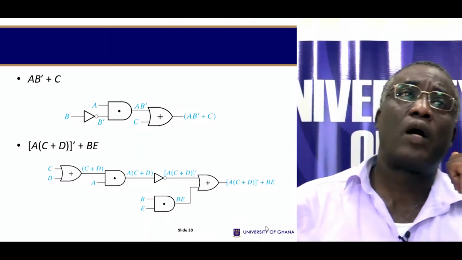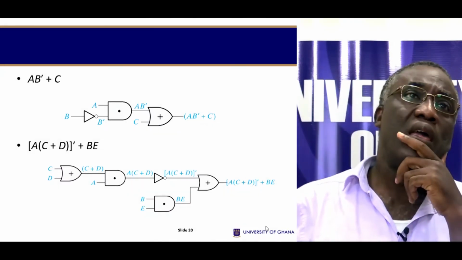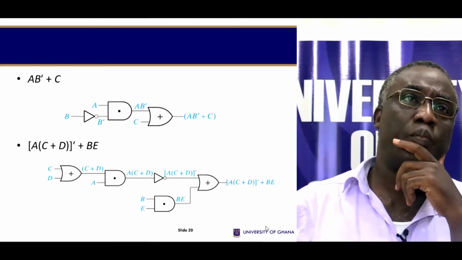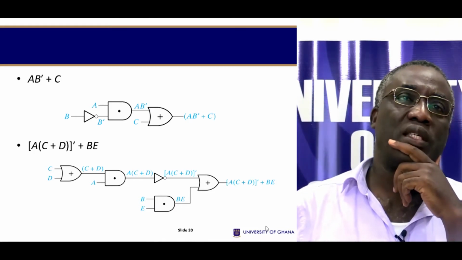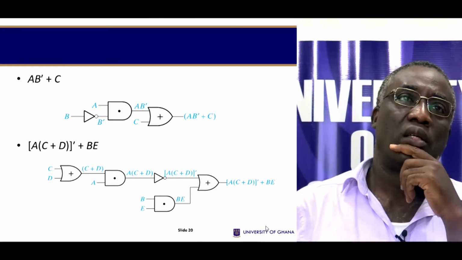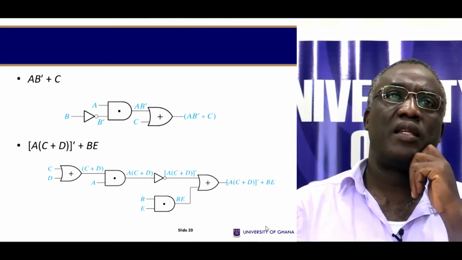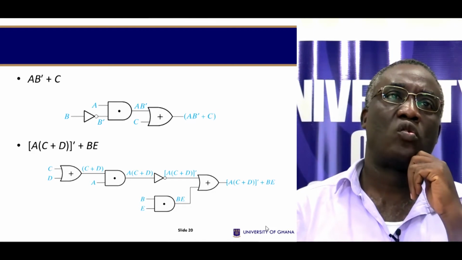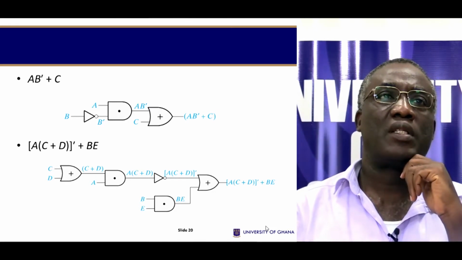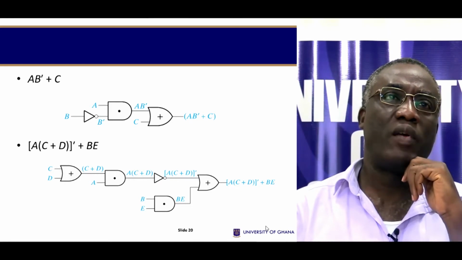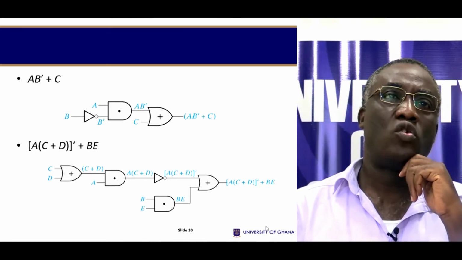Now, let's look at how to represent A and not B, or a C. So we have A, not B, and a C. If you look at the diagram, that is A, but you have a B and you want a not B, so you pass it through an inverter.